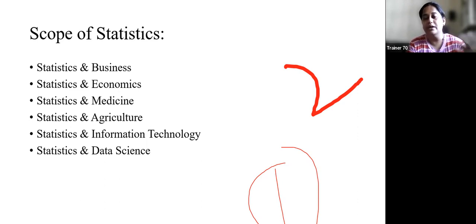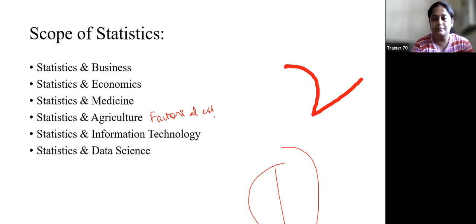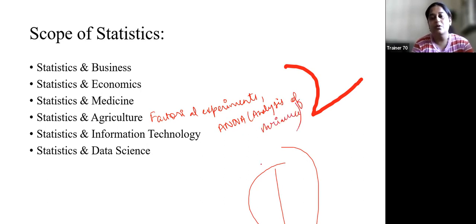So we have various statistical tools for this, like we have factorial experiments. We have ANOVA. ANOVA means analysis of variance.